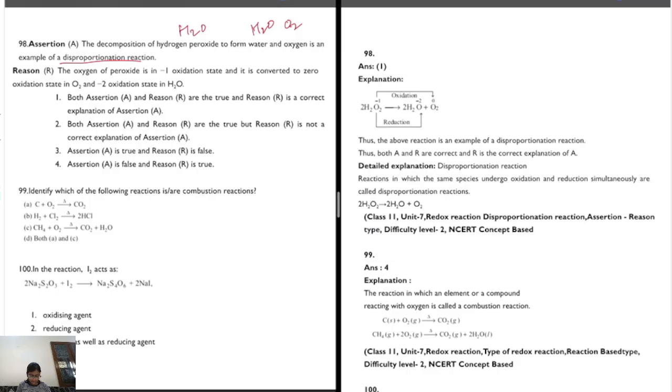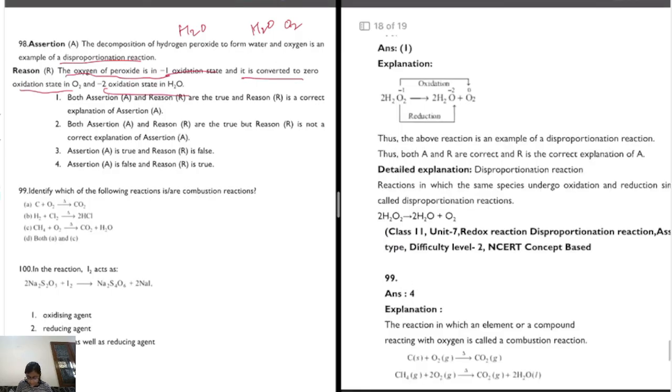See, this is the composition of H2O2. From minus 1, it is going to 0 and minus 2. One is oxidizing and another one is reducing. Therefore, it is an example of disproportionation reaction. Assertion is correct. And the reason is also correct because it is converted to 0 and minus 2. So both are correct and it is the correct explanation.